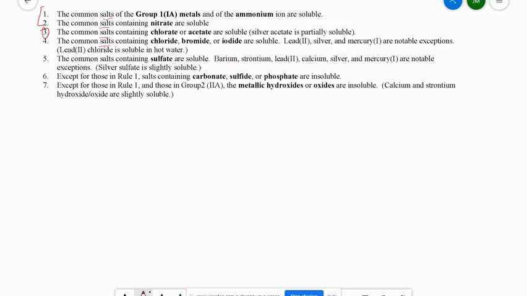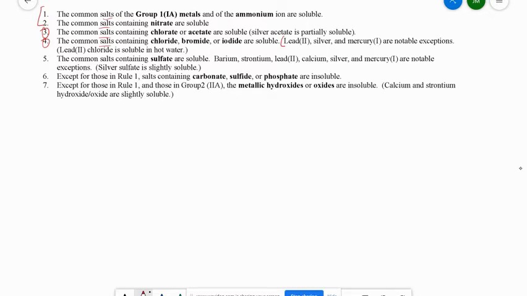Okay. Number 4, the common salts containing chloride, bromide, and iodide are soluble. And then here are some exceptions, right? Lead 2 bromide or silver iodide, mercury 1 chloride, right?